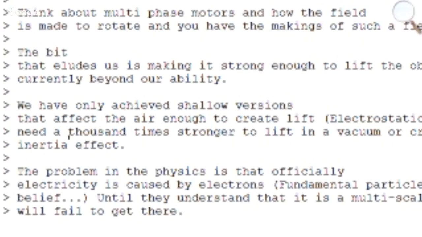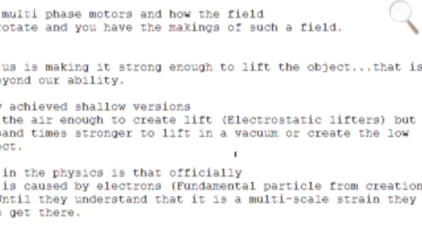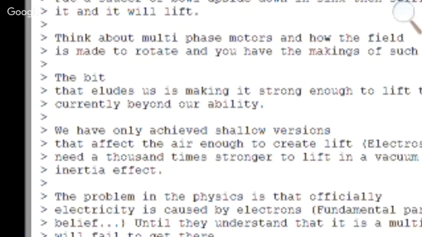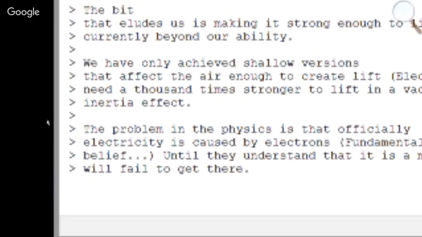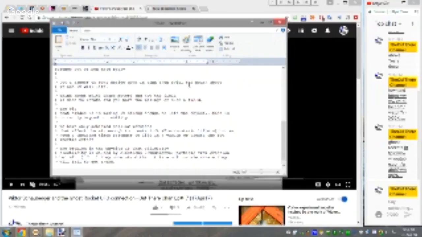So he's saying the current understanding now, science is stuck on this electron being the only particle of electricity. And as I was saying, we're talking about Tesla's radiant energy, he said it is another form of electricity that doesn't use electrons.